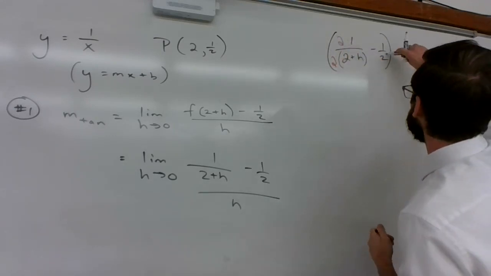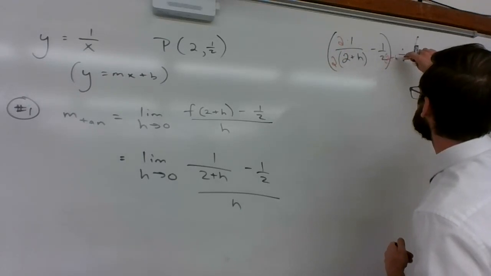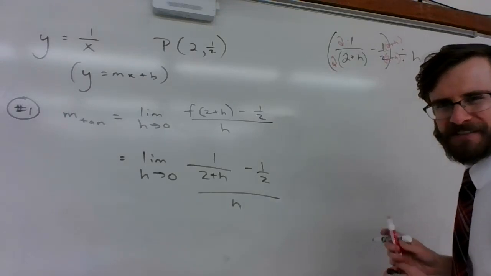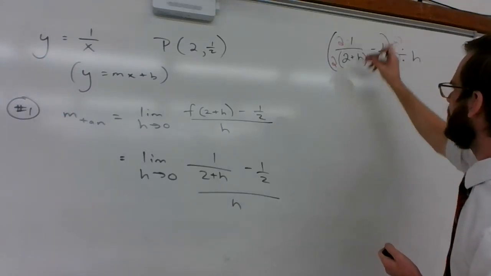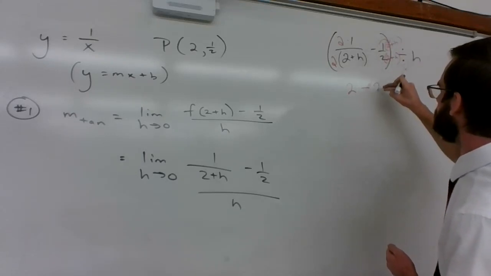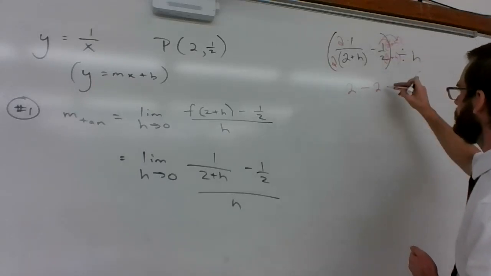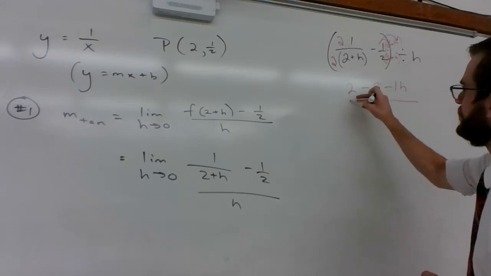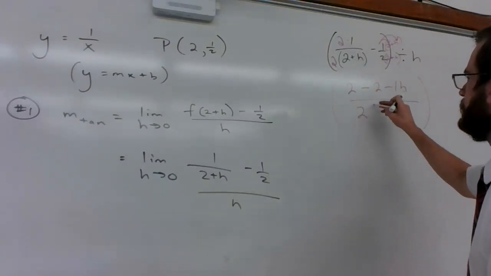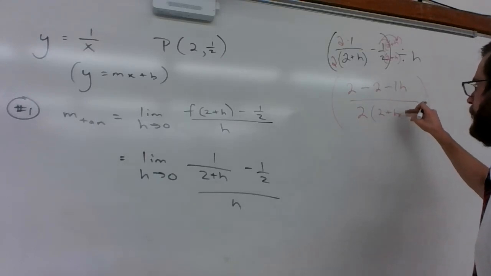And this one needs to be multiplied by 2 plus h. So sorry, that's kind of messy, but you're going to have 2 minus, distribute a negative 1. This is still inside the parentheses. And then you're going to have 2 times 2 plus h on the bottom.